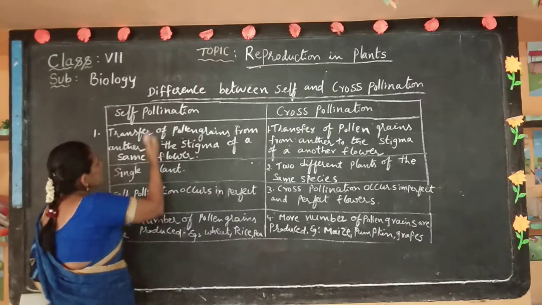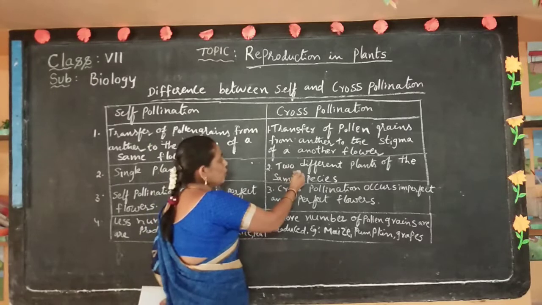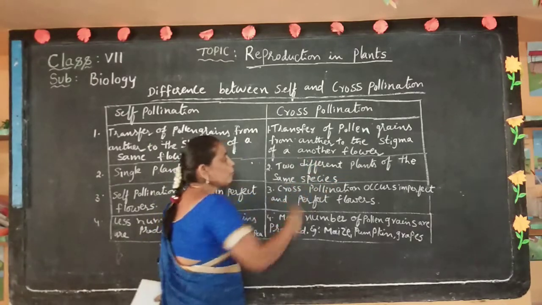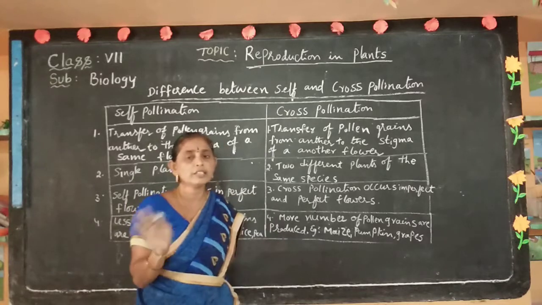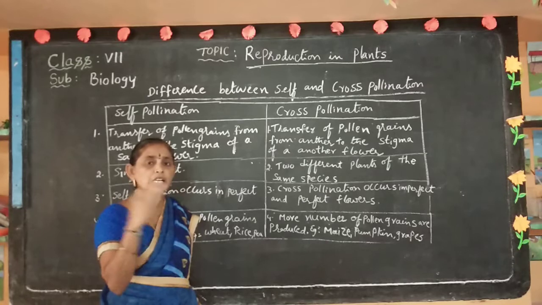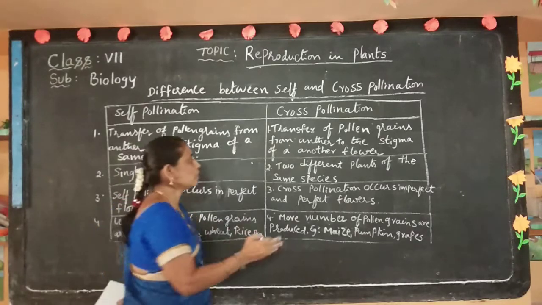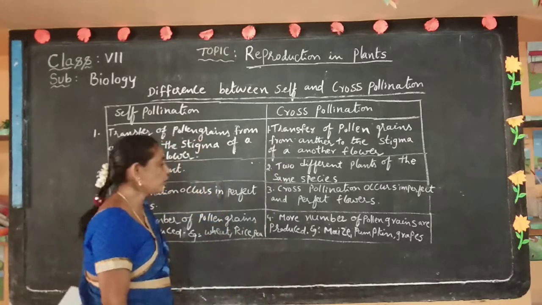But cross-pollination occurs between two different plants of the same species: bottle gourd and bottle gourd, bitter gourd and bitter gourd, cucumber and cucumber.